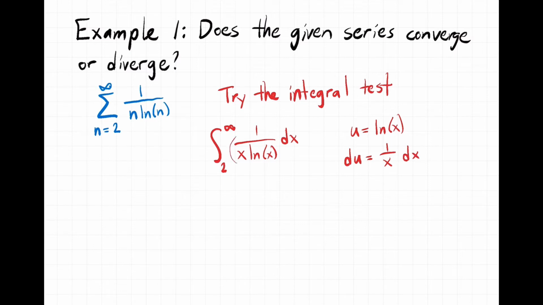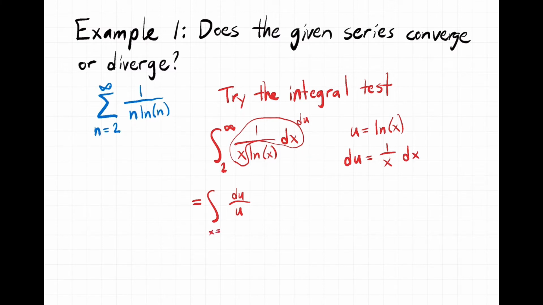So here is our du, and we just have a u on the bottom. So our integral is now the integral of, let's see, we just have du over u. Now, I could change the bounds. I think I'll keep the bounds the way they are, though. Let's just leave them alone.